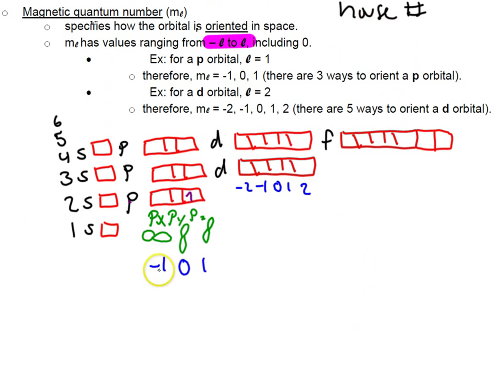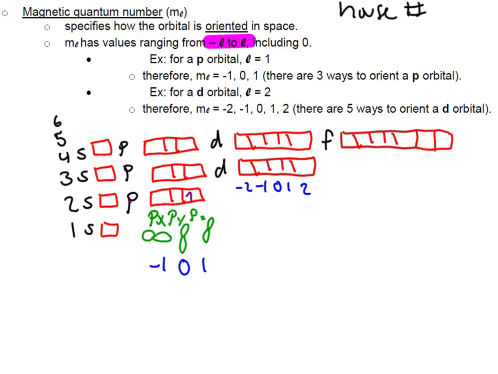So notice we ranged from -1 to +1. Let's do the same for d. What was the L value for d? I also have it here, I suppose. The L value for d is 2, so we range from -2 to +2. What is the L value for f?